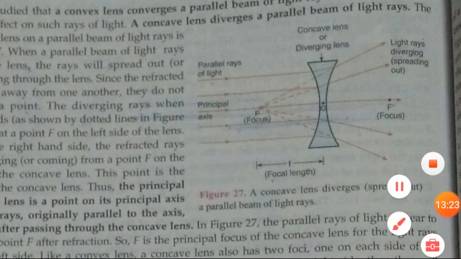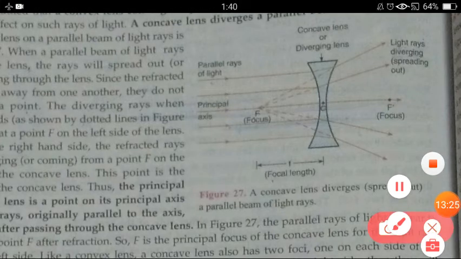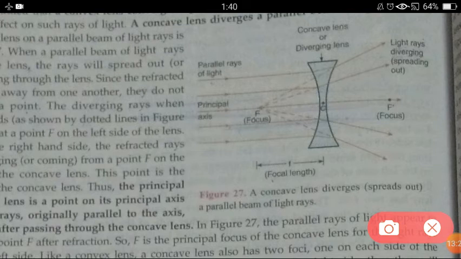To get our focus, we will imagine and we will extend these light rays. These rays which, after refraction, get diverged, we will imagine that we extrapolate them backside. Extrapolating means increasing their length only. So when we extrapolate them backside, they all will meet at one point.